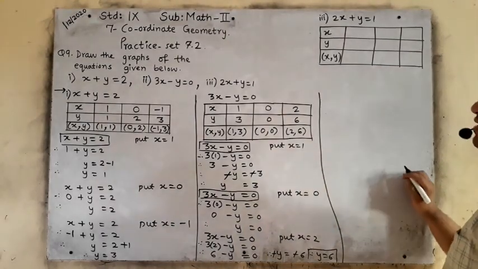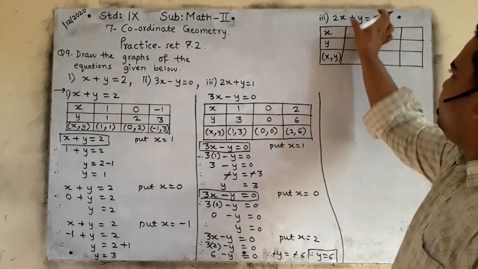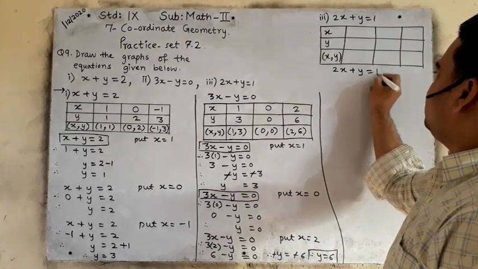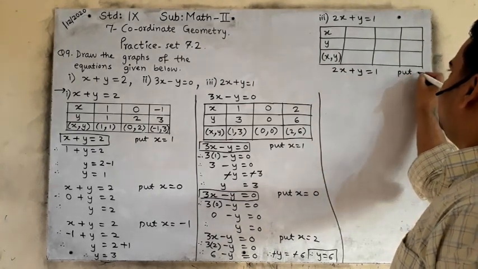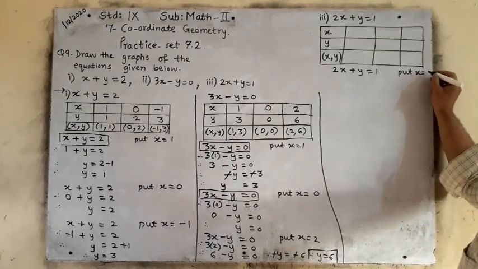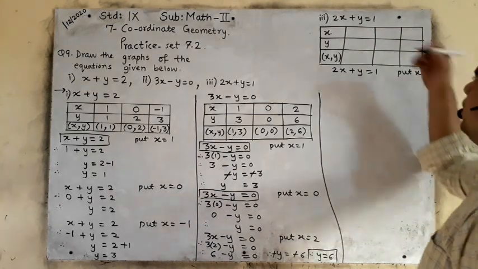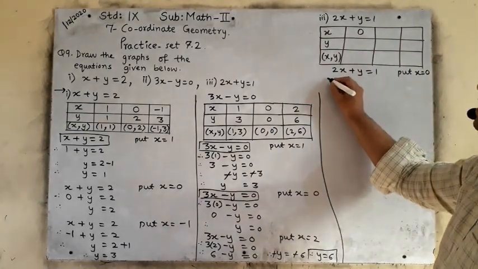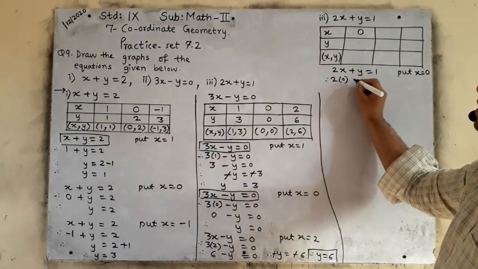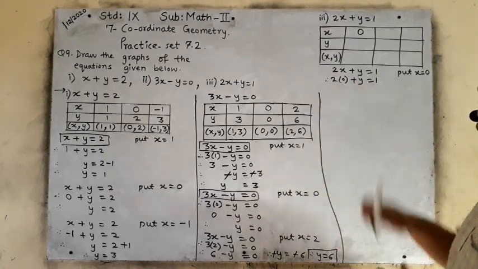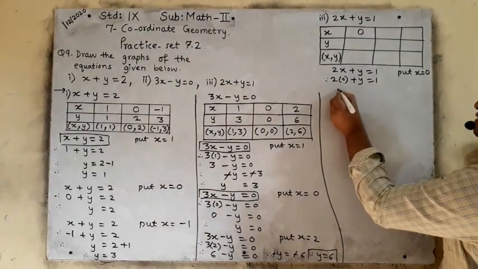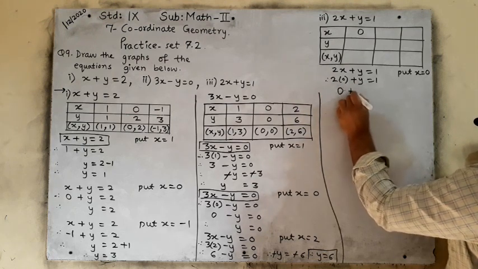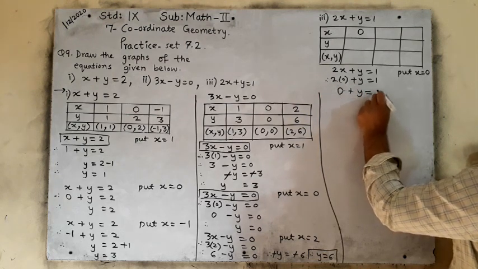Now what you will consider, you will write the equation here again, 2x plus y is equal to 1. Put x is equal to 0. According to you, no problem, any value you can consider. So now you will write therefore 2 multiplied by 0 plus y is equal to 1. 2 zeros are 0, plus y is equal to 1.